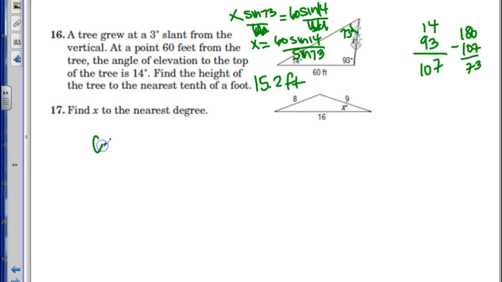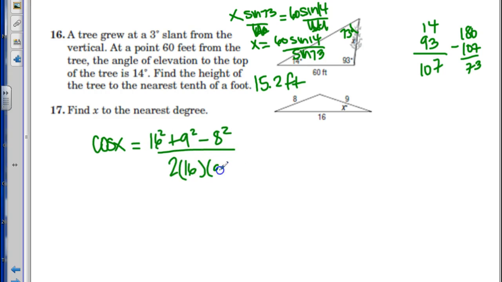So remember, we solved law of cosines so that we could plug these guys in. All right, so cosine x is equal to 16 squared plus 9 squared minus 8 squared over 2 times 16 times 9. So remember, the angle that we're looking for is this squared plus this squared minus the side that's opposite the angle.